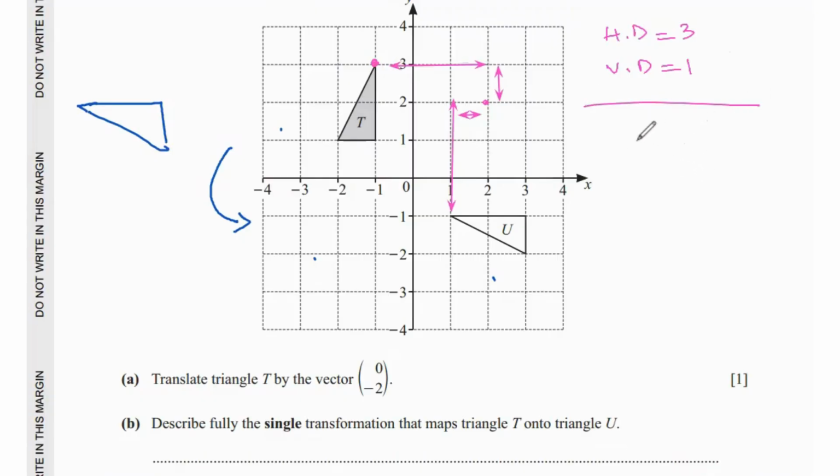Now for the image, horizontal distance is 1 and vertical distance is 3. As you can see, the values are swapped, which means the center of rotation is going to be 2, 2. Whereas if it's a 180-degree rotation, the horizontal and vertical distance of the point from the center of rotation will remain the same, whether it's the original or the image.